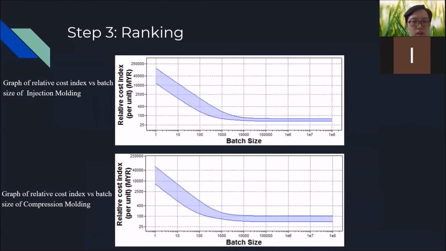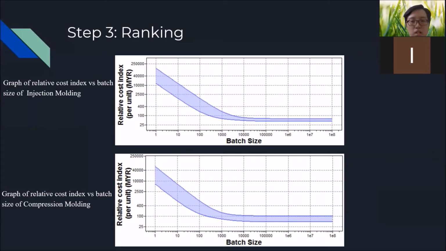The first is the graph of relative cost index versus batch size of injection molding, and the second is the graph of relative cost index versus batch size of compression molding. Comparing these two graphs shows that the injection molding process has a higher tooling cost than the compression molding process at a small batch size.